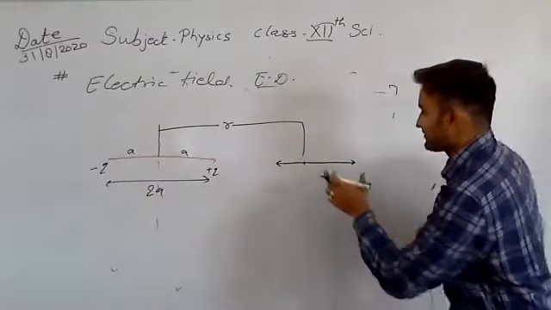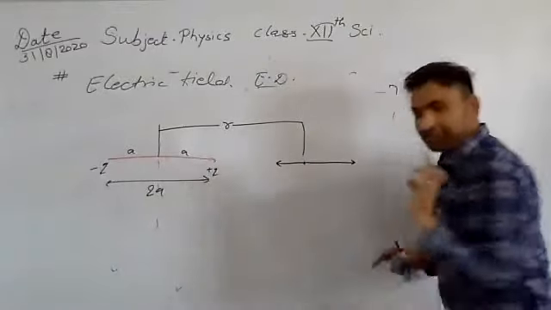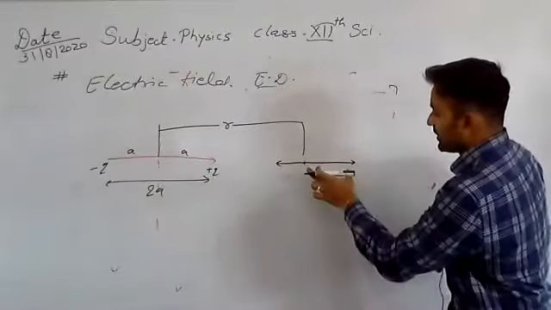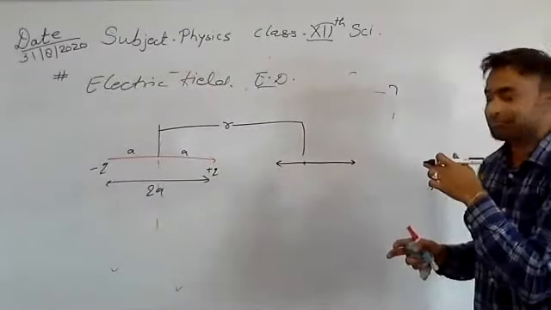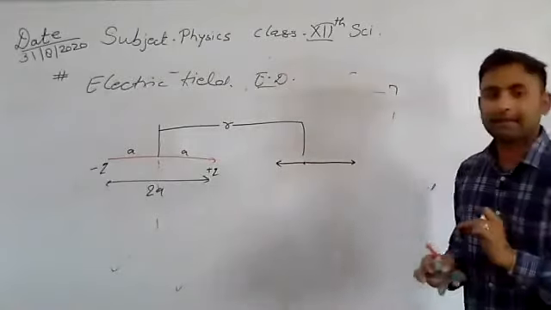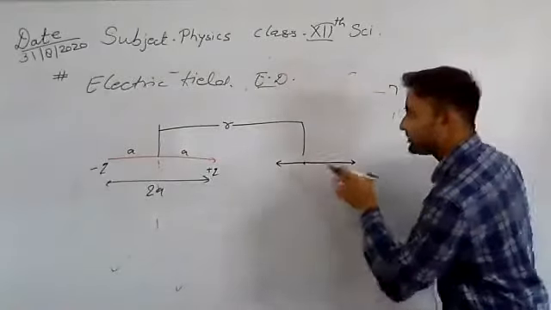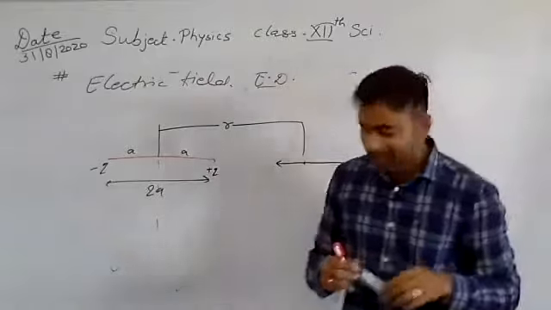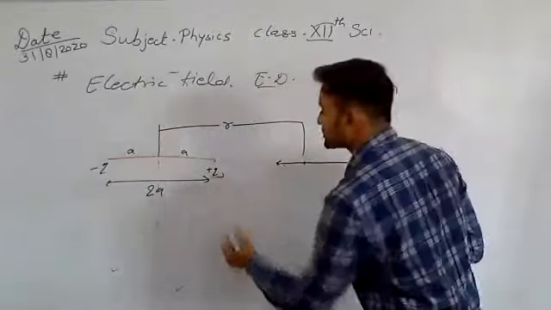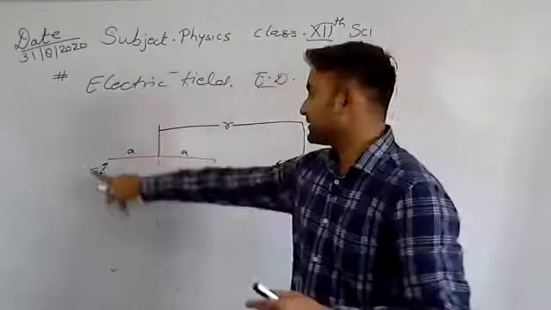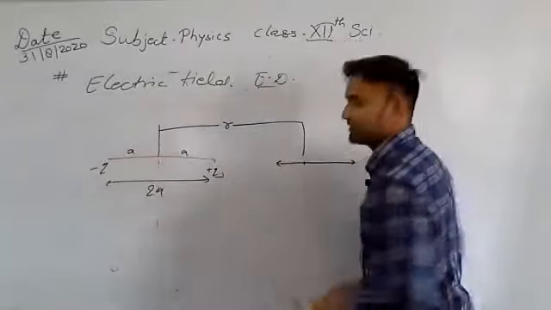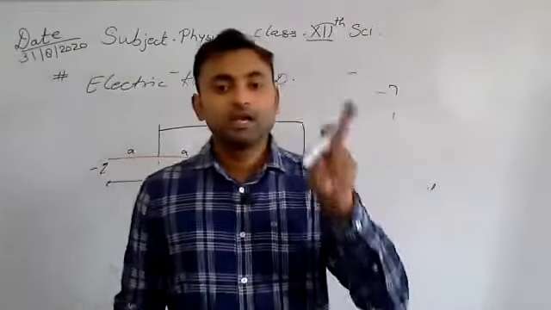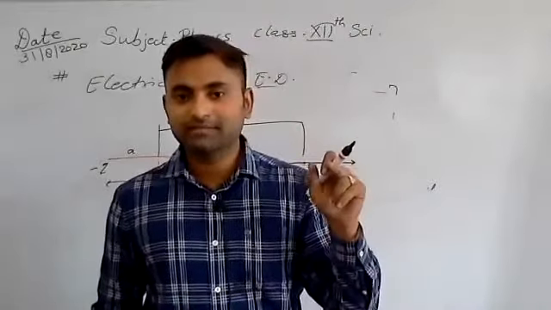Notice this: the electric field due to this plus Q, I have drawn longer. Why have I extended it so much? Because its magnitude will be greater. Why will the magnitude of the electric field due to this charge be greater than that of this charge? It is because the distance is less here. It is inversely proportional to R square.